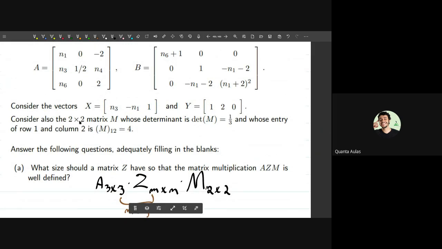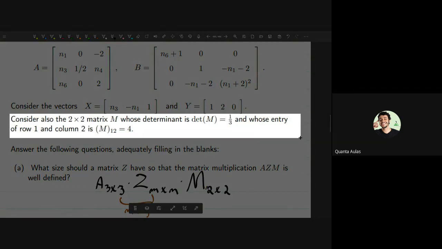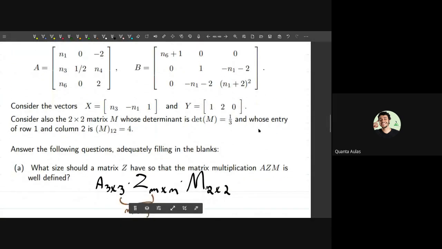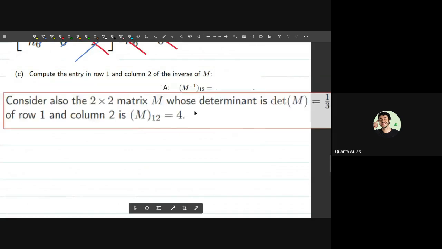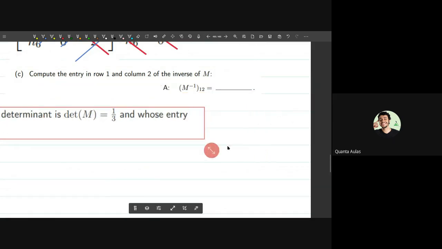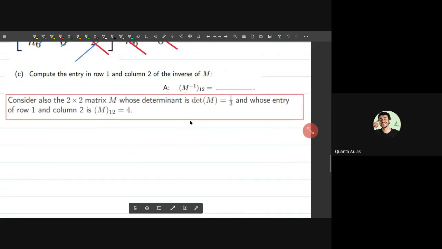Consider also a 2 by 2 matrix M whose determinant equals 1 over 3 and whose entry of row 1 and column 2 is... We have only this information. This is interesting.